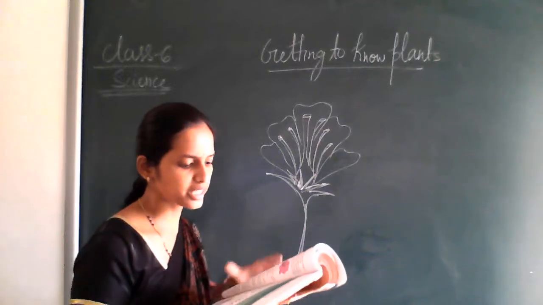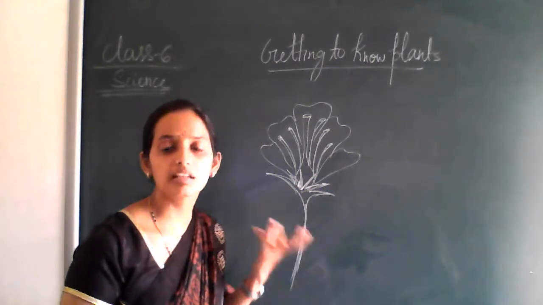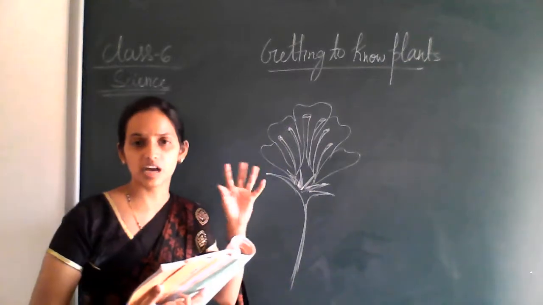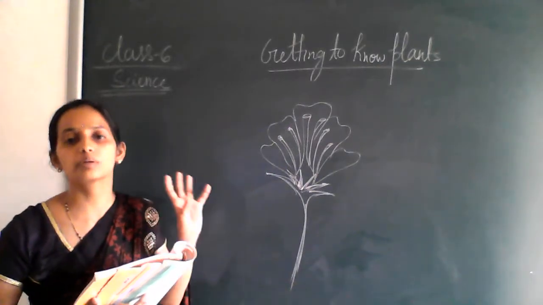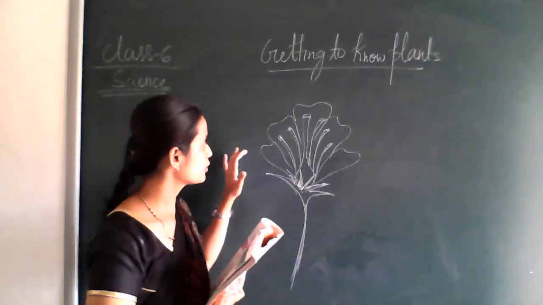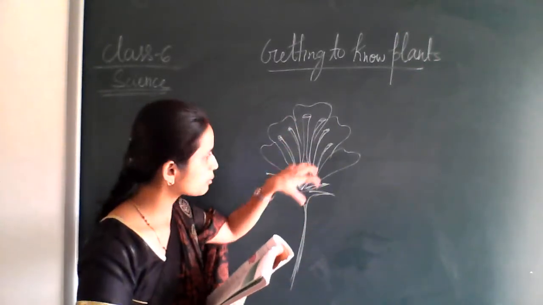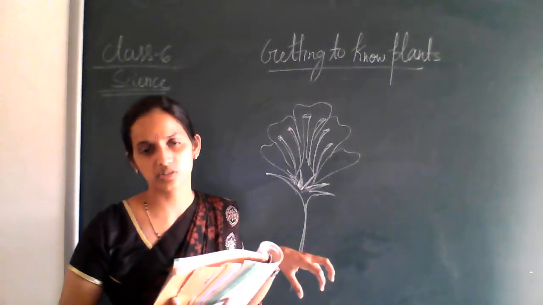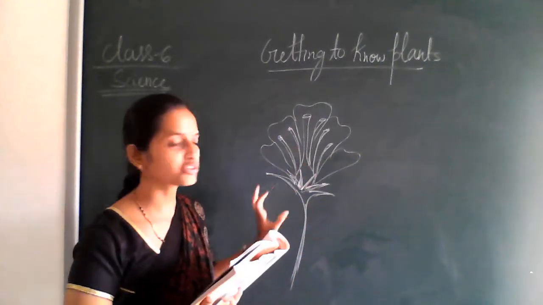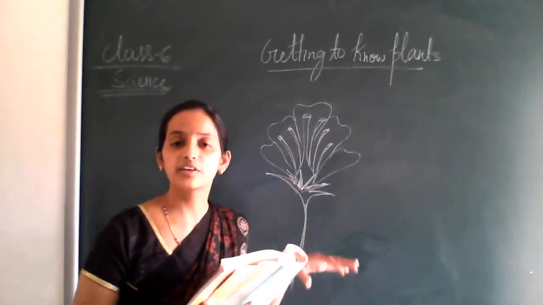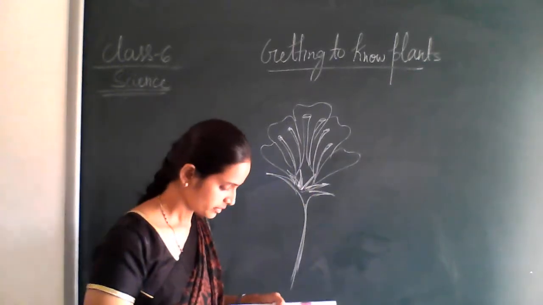Remove the sepals and petals to see the other parts, right? We are going to remove the outer parts of the flower, the petals and the sepals, so that we can observe internal structures, which other parts are present inside the flower, right?